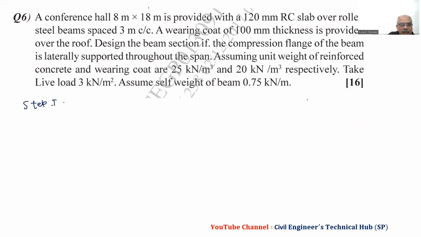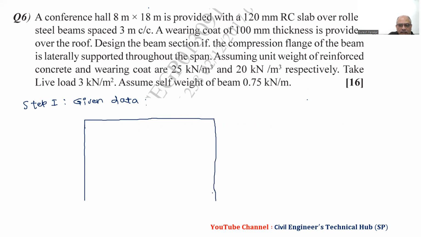Now try to understand this problem. So we have the given data. We are already well known with purlins, and therefore you are in a position to solve this problem. So now we have total 18 meter, this is 18 meter and this is 8 meter.